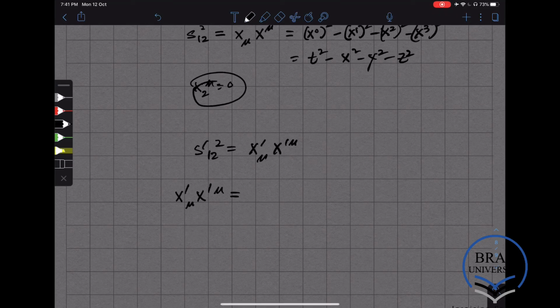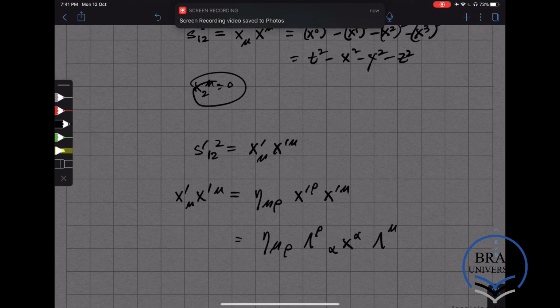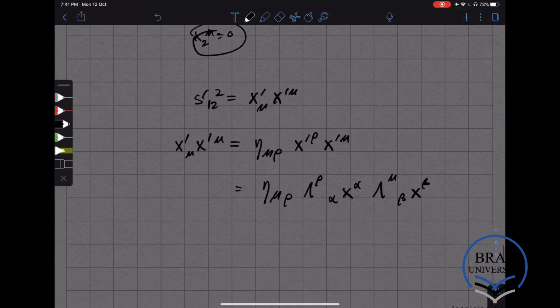But x'_μ downstairs can be written as η_μρ x'^ρ upstairs, x'^μ upstairs. Here we have the Lorentz transformation matrix with ρ and say α, x^α, and here we have μ and β, x^β.